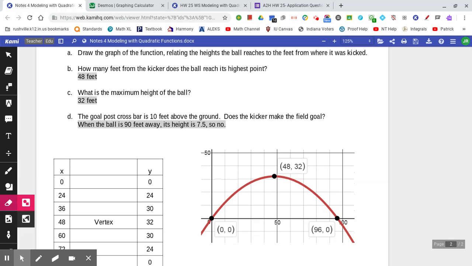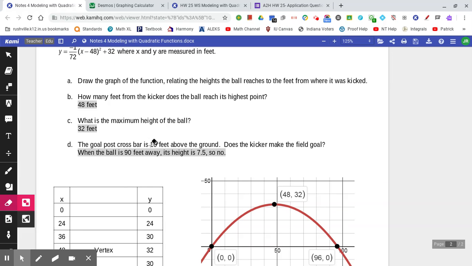So 90 feet away, what we would do is we'd figure out when x is 90. So we could go to Desmos, we could look at our graph. When we're at 90, what is the height? That told me it's 7.5. And since it says the crossbar is 10 feet in the air, it means that the football would need to be more than 10 feet up in the air if it's going to have a chance to make it above this goalpost. So this would be a no.